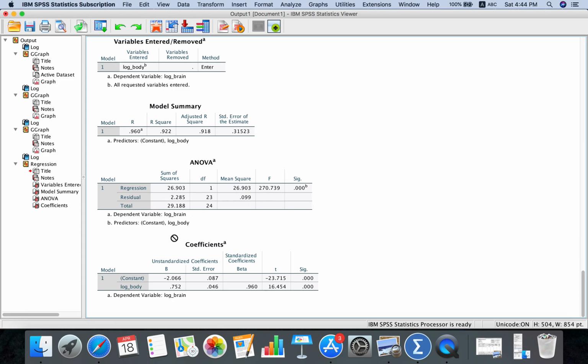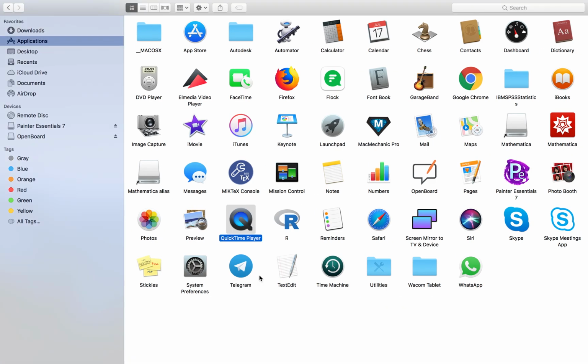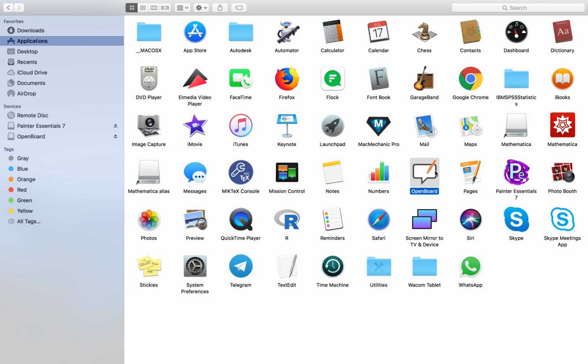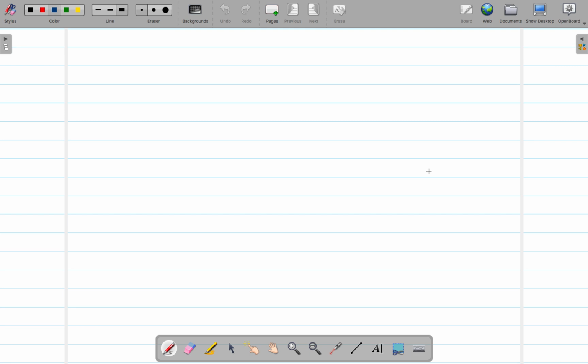So how does our model look once you have this information? Let's go to some tools here. You can open board. So I'm going to write something.